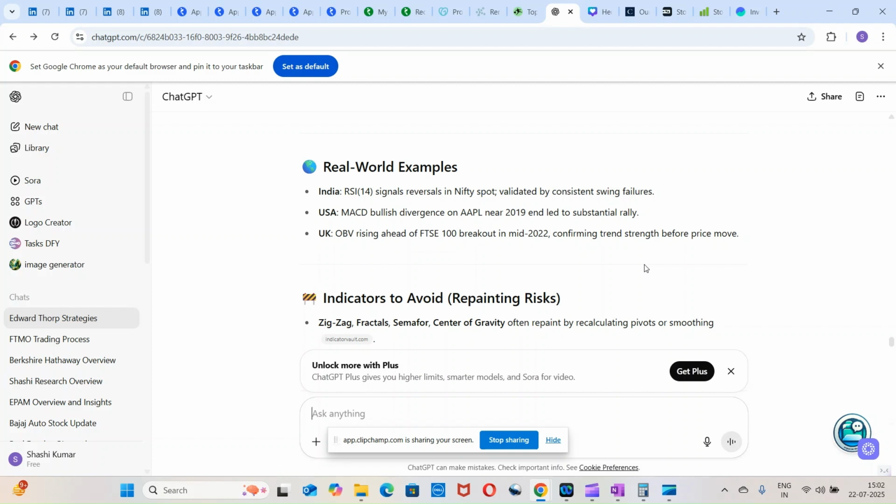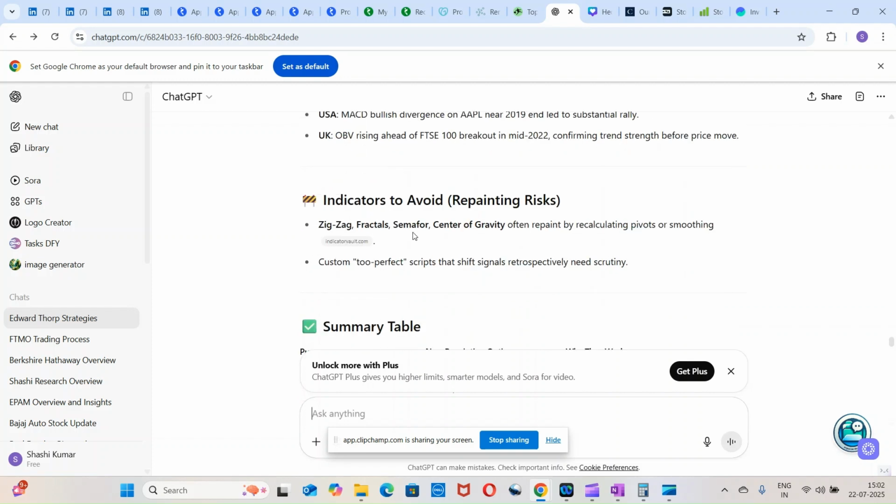In the UK, OBV rising ahead of the FTSE 100 breakout in mid 2020 confirmed strength before the price move. So these are all leading indicators, and they suggested the trend beforehand: RSI, MACD divergence, and OBV. They're non-repainting also, so the backtest results, the forward test results and the actual results will be pretty much the same.